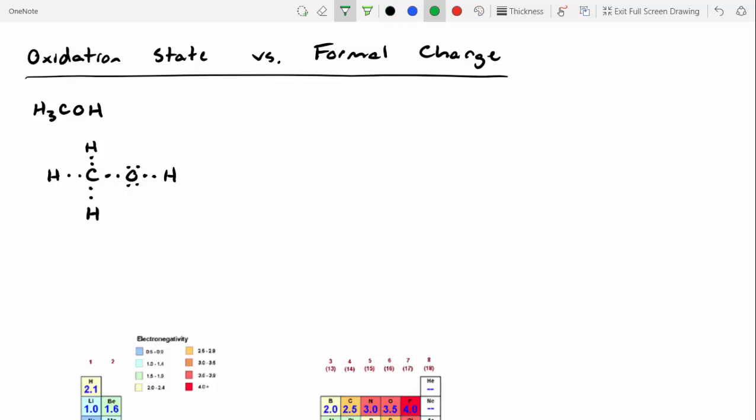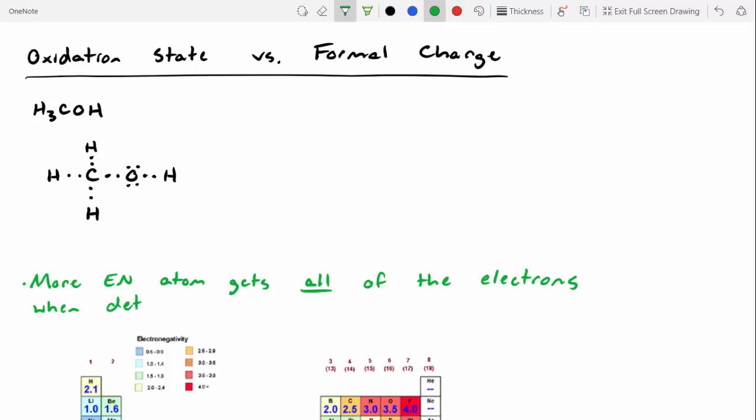So now we've accounted for every single electron. The rule for determining oxidation state is the more electronegative atom gets all of the electrons when determining oxidation number.